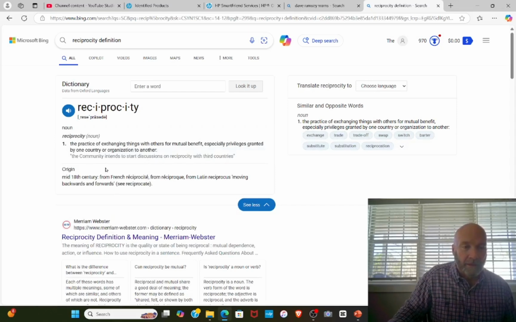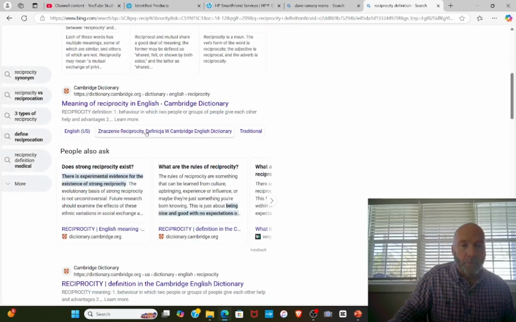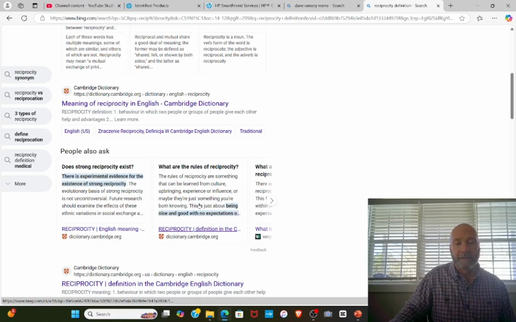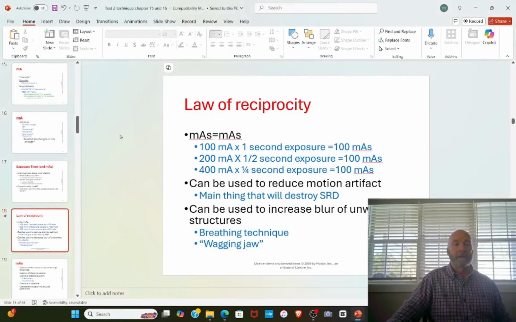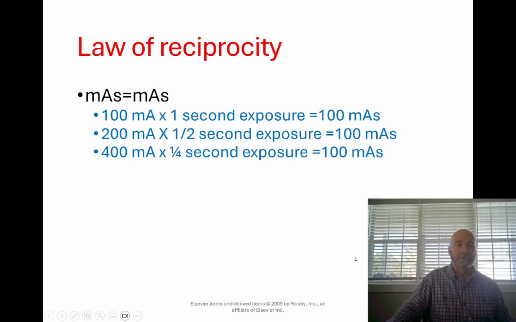There we go. So what you see is behavior in which two people or groups of people give each other help and advantages. So reciprocity just means give and take. If you enter into some sort of agreement with somebody and you both get something out of it, that's what you refer to as reciprocity. I give you something, you get something back.